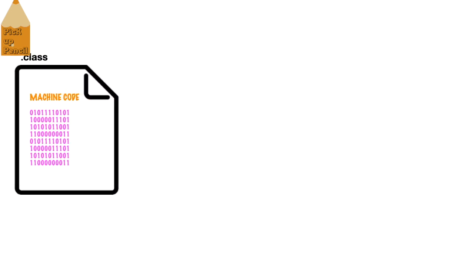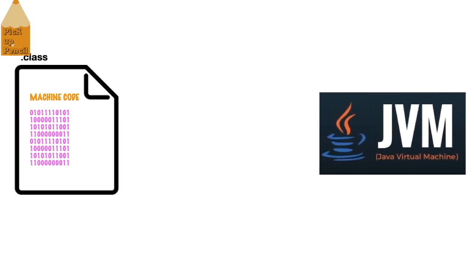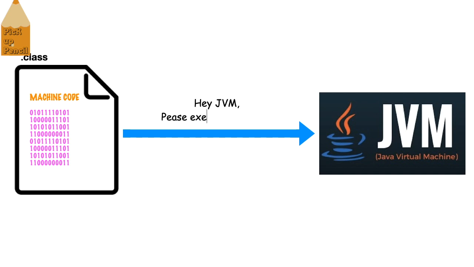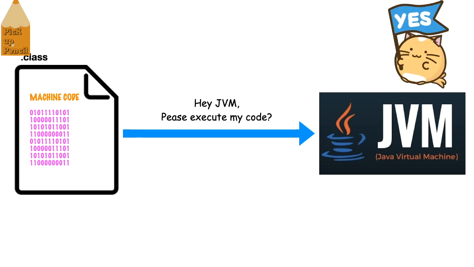Now, since we have the machine code, a binary version of our source code, or the bytecode, if we make the same request again to the JVM, we can say, "Hey JVM, I got the machine code this time. Will you please execute my bytecode?" And let's see.